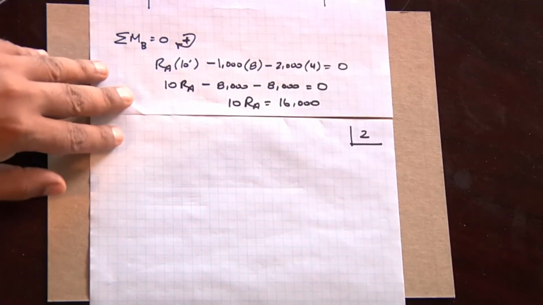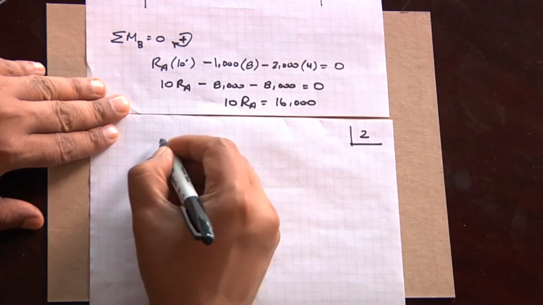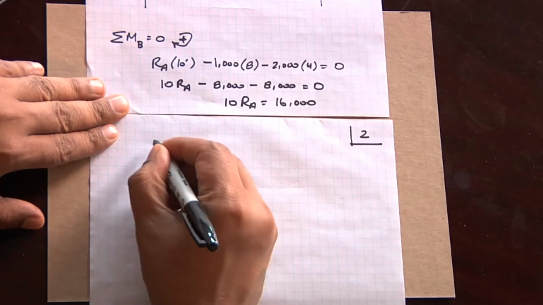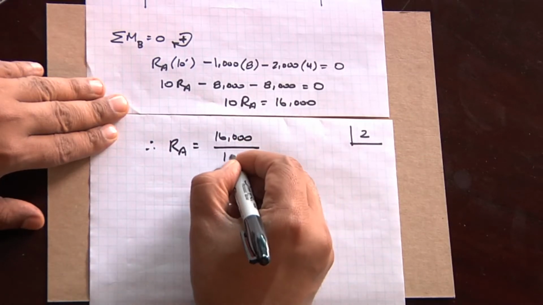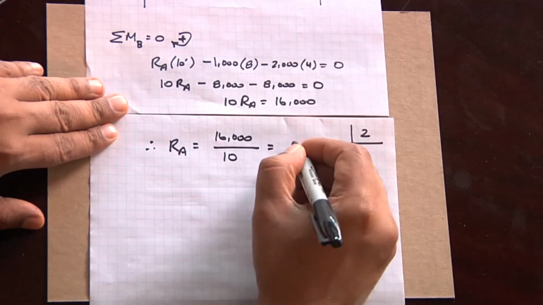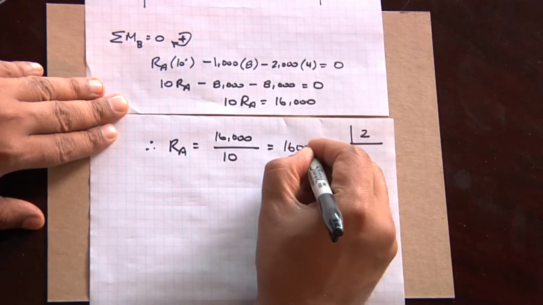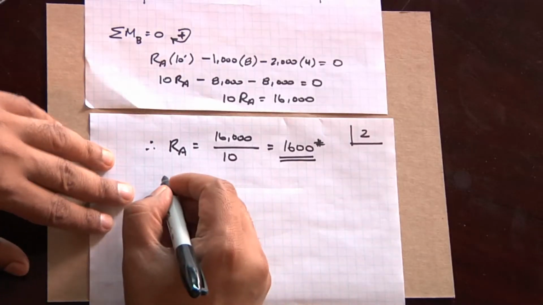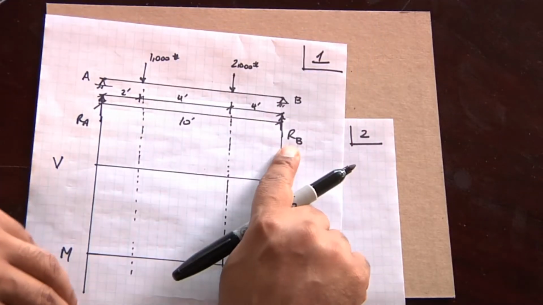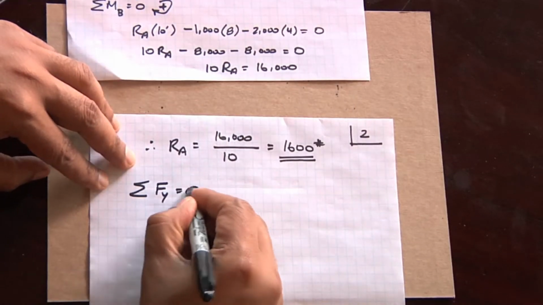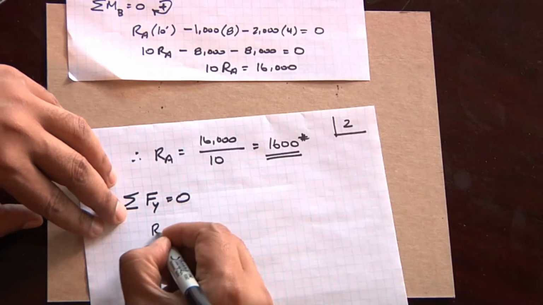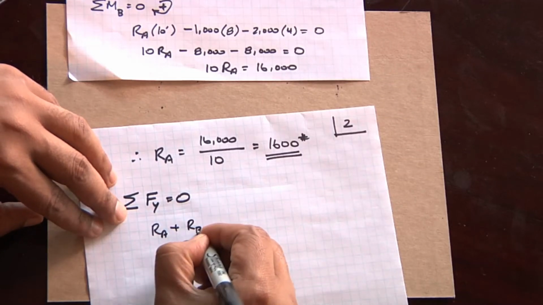So following up from the first sheet, where we have 10 RA equals 16,000, therefore RA equals 16,000 divided by 10, which is 1,600 pounds. And then to get the other force, RB, we can use the sum of the forces in the y direction equal to 0. And so that's RA plus RB.